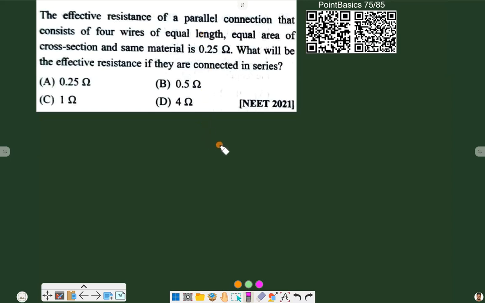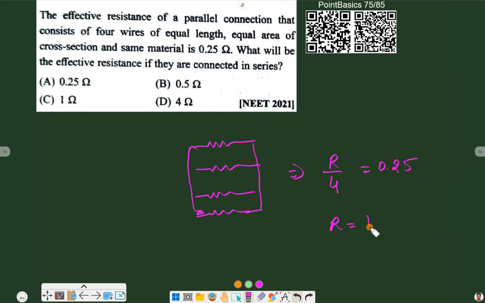Let's consider there are 4 wires, and as their length, area and material are the same, suppose their resistance is R. If 4 wires of equal resistance are connected in parallel, their effective resistance is R by 4, and R by 4 is given as 0.25. So R is equal to 1 ohm, and if they are connected in series, 4 wires of 1 ohm will give us 4 ohm.